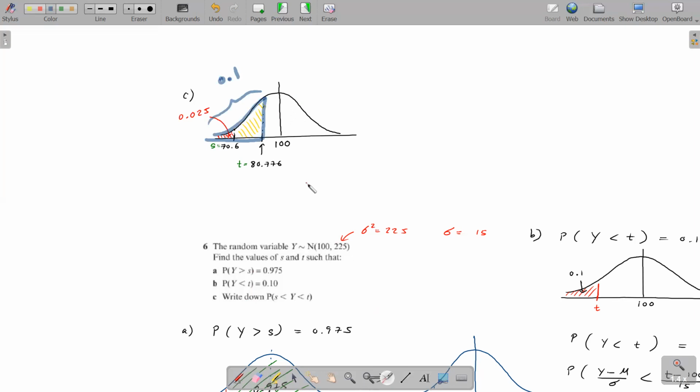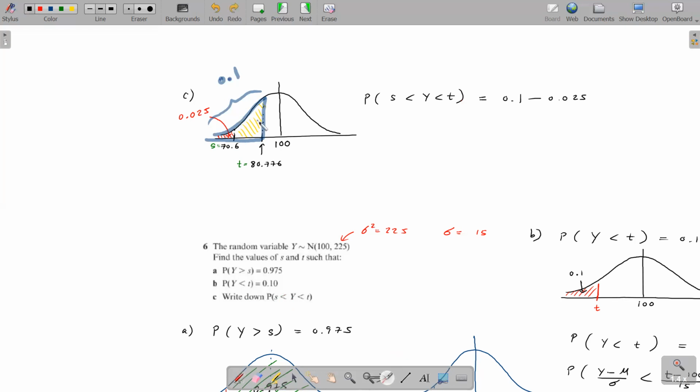So now, when you have all of this, can't you get what you want? Now you want the area between S and T, right? Can't you easily get the area between S and T? All you have to do is take 0.1, that's the area completely behind T, and subtract it from the area completely behind S. Do you agree with me, guys?